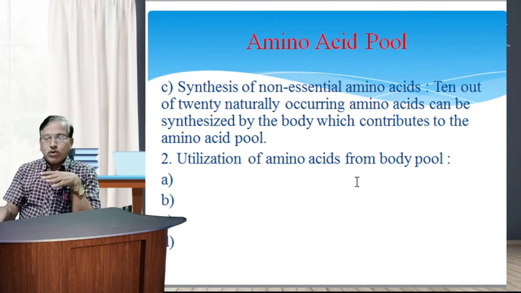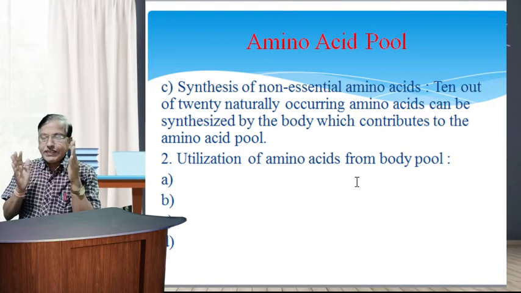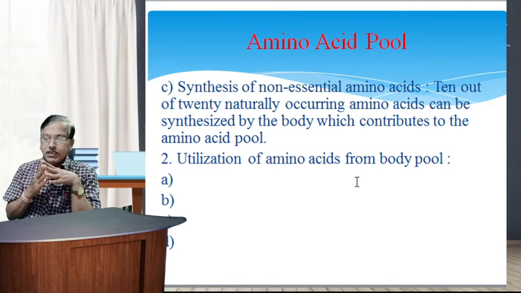There is no storage form of amino acids, as in the case of carbohydrates, glycogen, and lipids, triglycerols. The excess intake of amino acids is metabolized, oxidized to provide energy, or converted to glucose or fat. The amino groups are lost as urea and excreted.